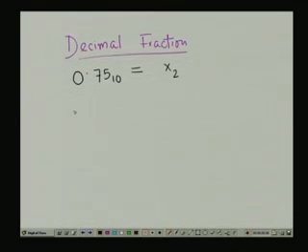Now, what is the rule? Here the rule is multiplication by the base. Here the base value is 2. So what will I be doing? 0.75 into 2.